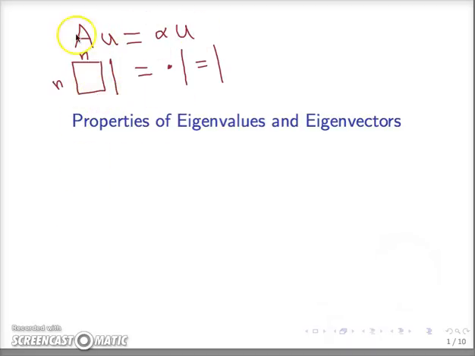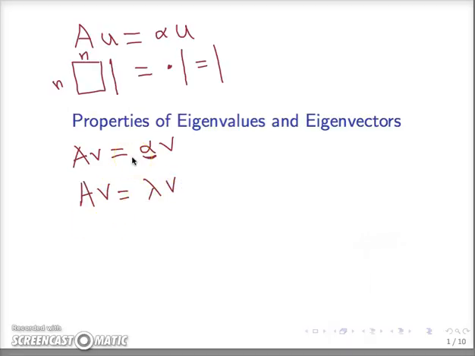In writing this type of equation, called the eigenvalue eigenvector problem or the eigenvalue eigenvector equation, it doesn't really matter what we use to denote the vectors. We can also write something like AV equals alpha V. We could also use another notation for the scalar. Very common is AV equals lambda V, right?